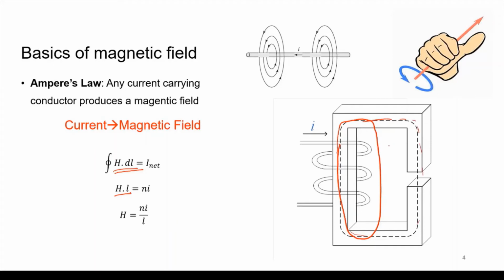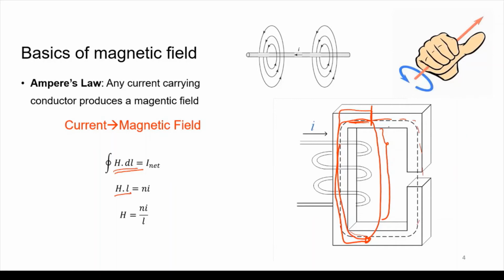However, the permeability of the path from here to here, this length, is that of free space, and the permeability inside the core is that of the magnetic material, which is 5000 times higher than free space.